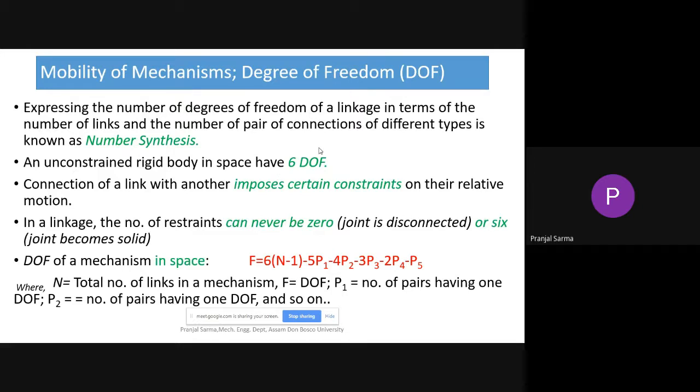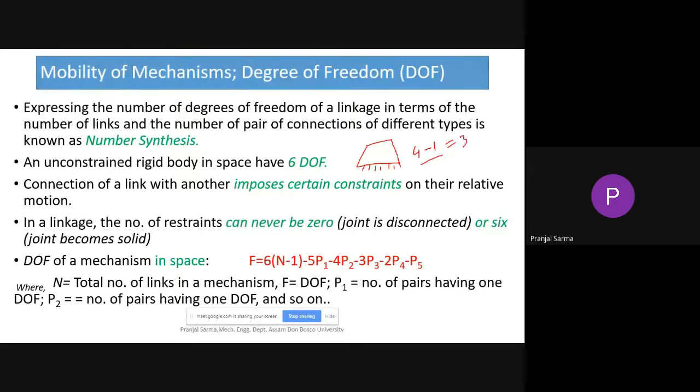But now if it has to be a kind of mechanism, we know that at least one of the links is fixed. Suppose we consider a four-bar chain or whatever, we know that if it has to be a mechanism, one of the links is fixed. That means if there are four links, automatically one is fixed, so 4 minus 1, 3 movable links are possible.